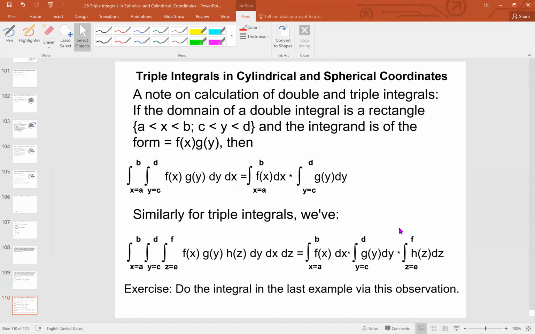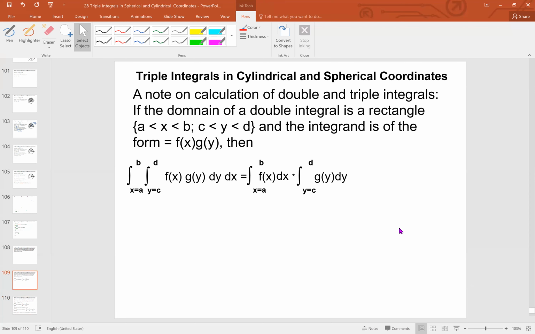And these things go to 3 dimensions too. Suppose in our triple integral the function I'm integrating in r, theta, phi turns out to be the product of 3 separate functions, one in each variable. Then I can split the triple integral into 3 parts, calculate each part and multiply.